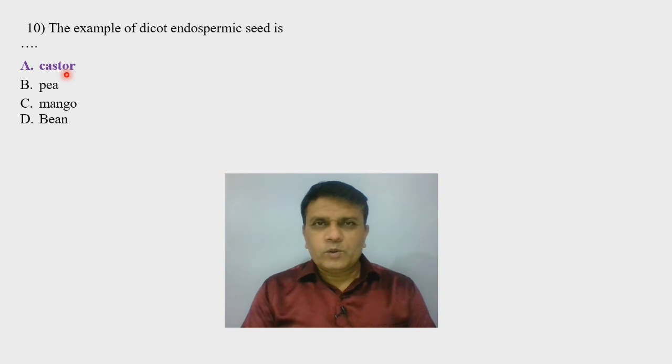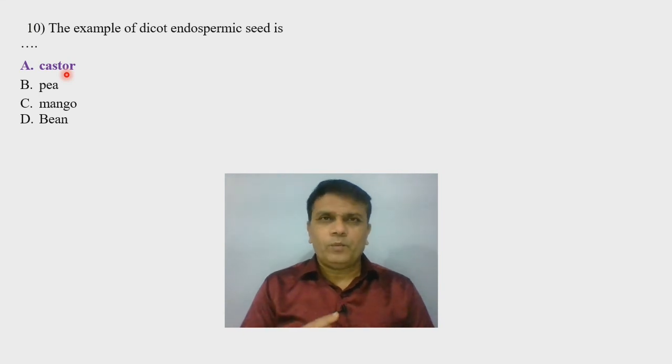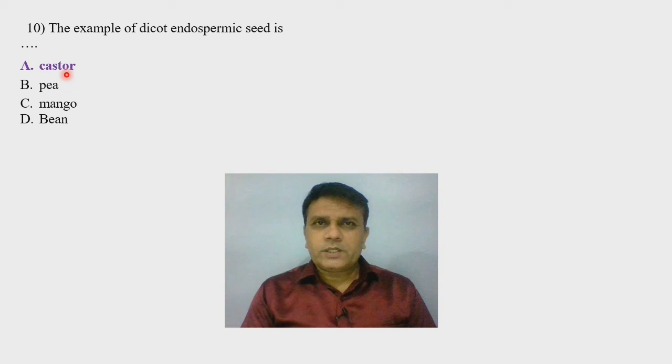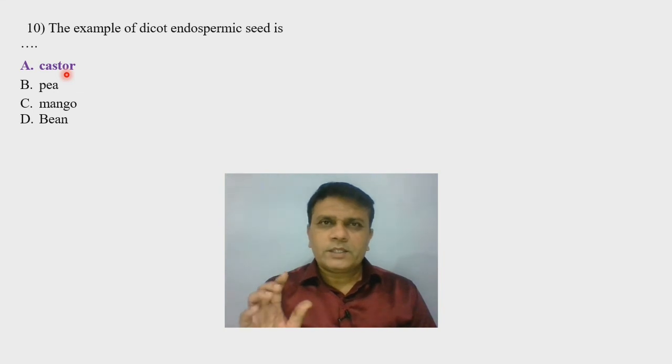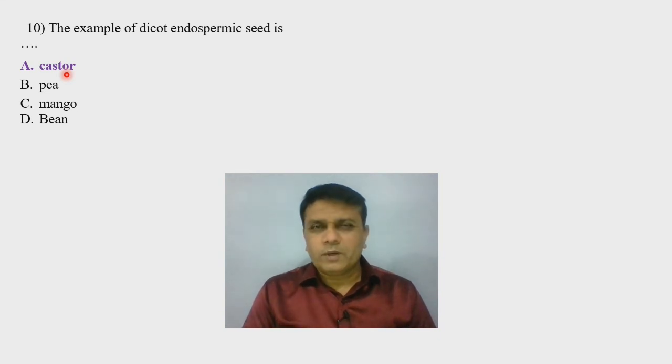Now you know that endosperm is a nutritive tissue which provides nourishment or nutrients to the developing embryo. In some seeds, the embryo utilizes the total endosperm, and on maturity, such seeds show absence of endosperm and are called non-endospermic seeds.